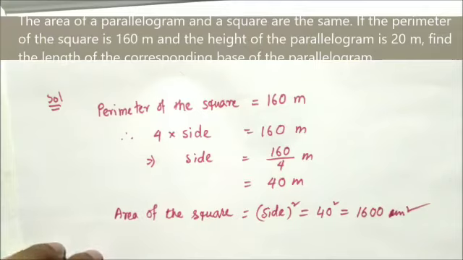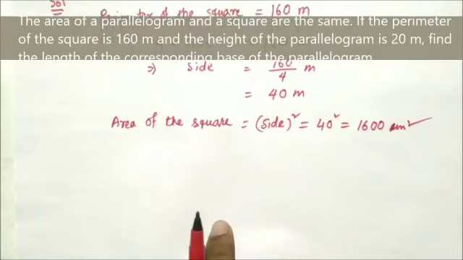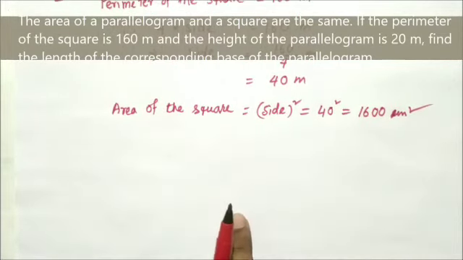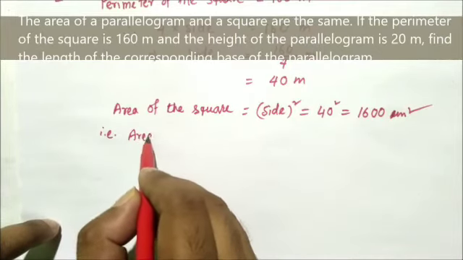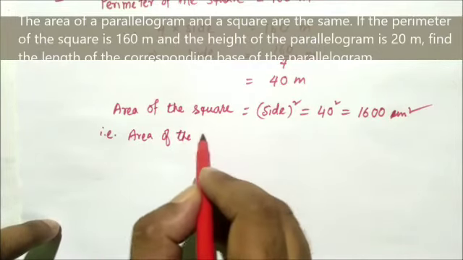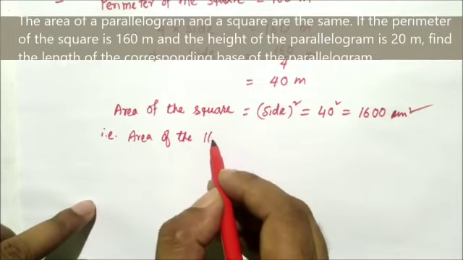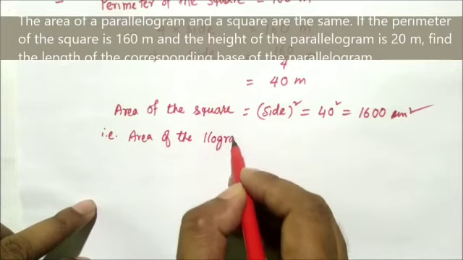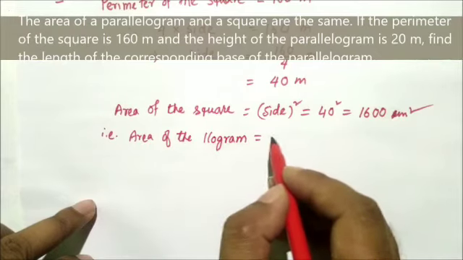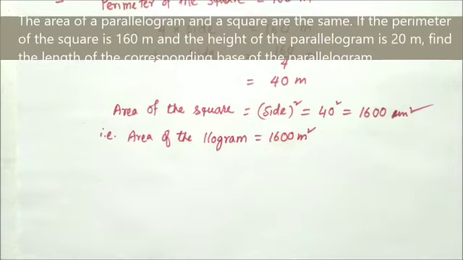So this is the area of the square, and it is given that the area of the square and the area of the parallelogram are the same. Therefore the area of the parallelogram is 1600 square meter, because it is given in the question that the area of the parallelogram and the square are the same.